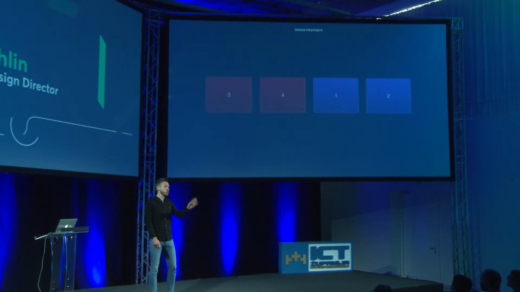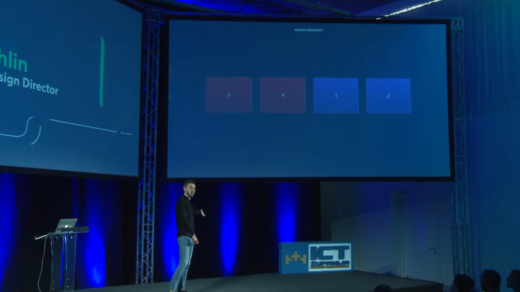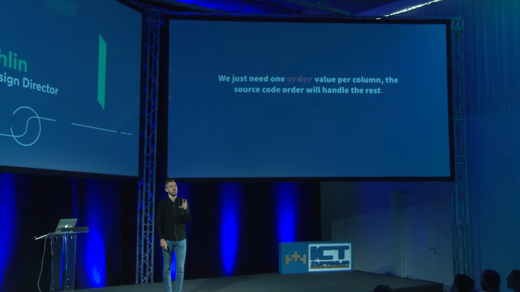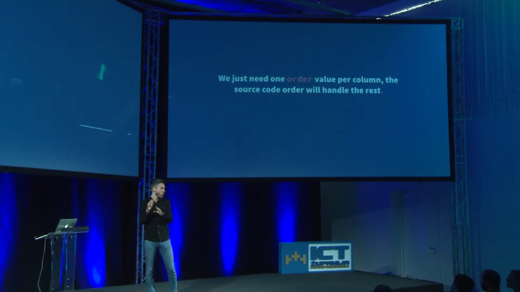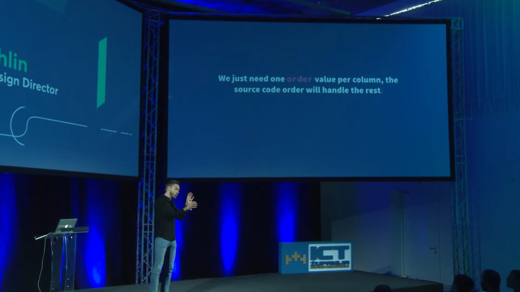But the order of the third and the fourth item is decided purely by the source code order. So the third item is before the fourth, and they're kept that way. That means, of course, that we can create this layout with just one order value per column. And the source code order will just handle the rest for us.